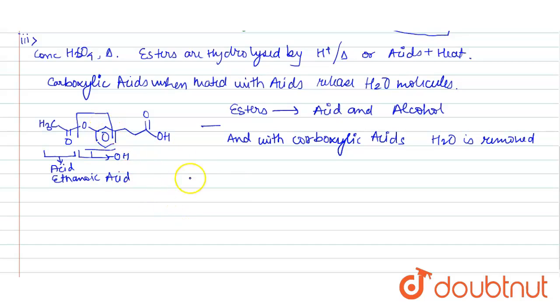In the anhydride, the H can be removed from the benzene ring. We have the complete chain, the carboxylic part, and one H is present here and one H is present here.